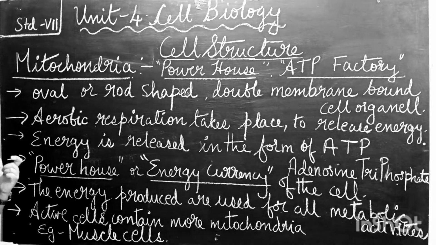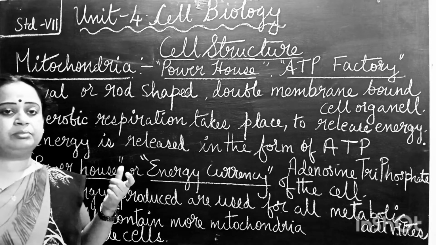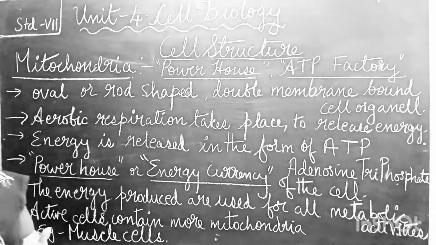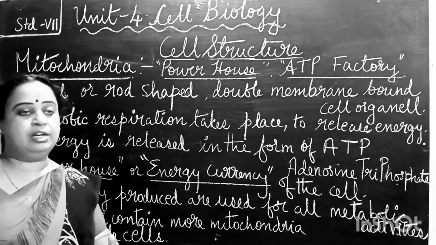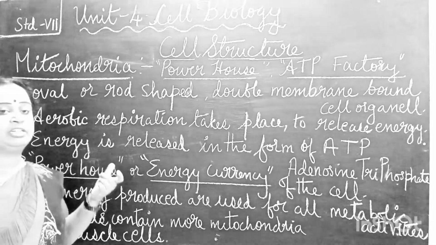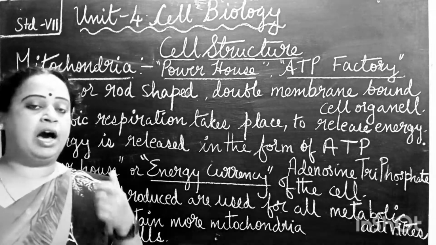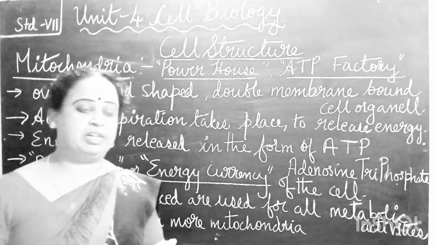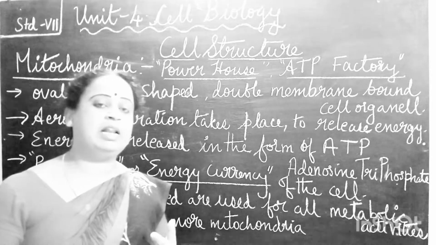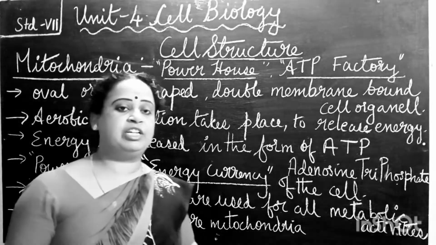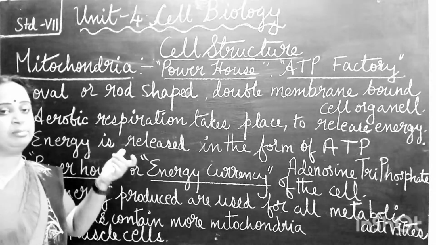Then, what is the main function of mitochondria? Aerobic respiration takes place in the mitochondria to release energy. What do you mean by aerobic respiration? Respiration which takes place in the presence of oxygen is called aerobic respiration. In all plant cells, animal cells, and humans, we respire, and our respiration is called aerobic respiration.